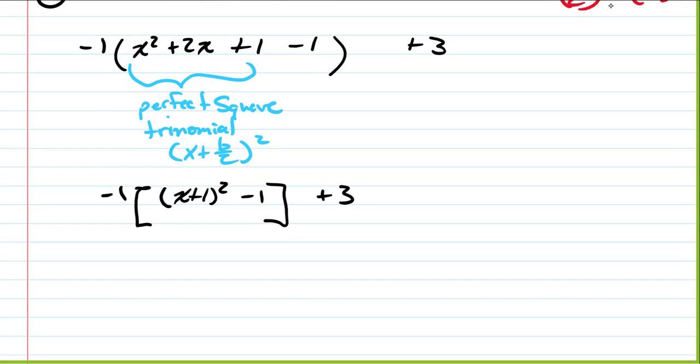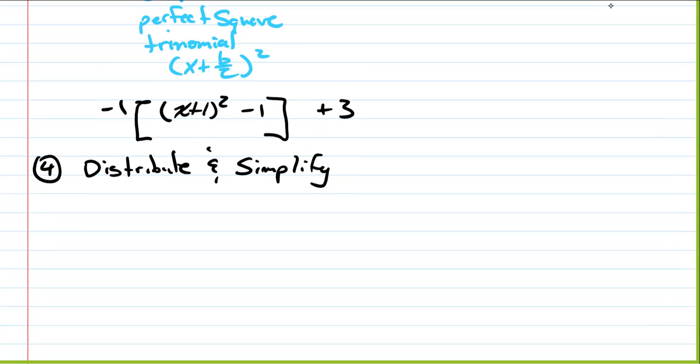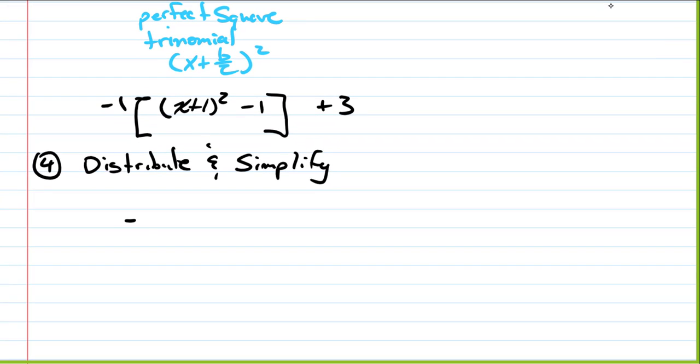So then I distribute and simplify. And that's going to give me negative x plus 1 squared. -1 times -1 is plus 1 plus 3.